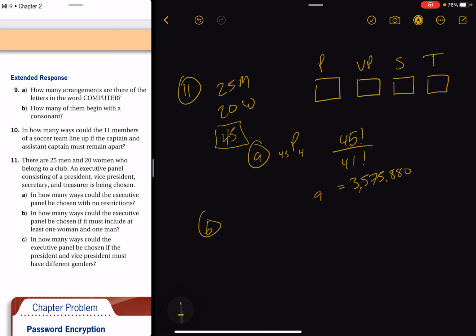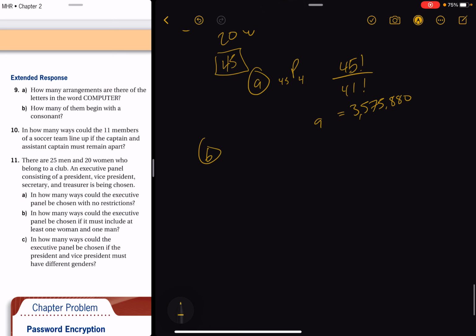Think about it like this. For president, it doesn't say that I have to make the president, right? It says must include at least one woman and one man. Okay. So the way I would do this is, actually, I got it. I'll use the indirect method.